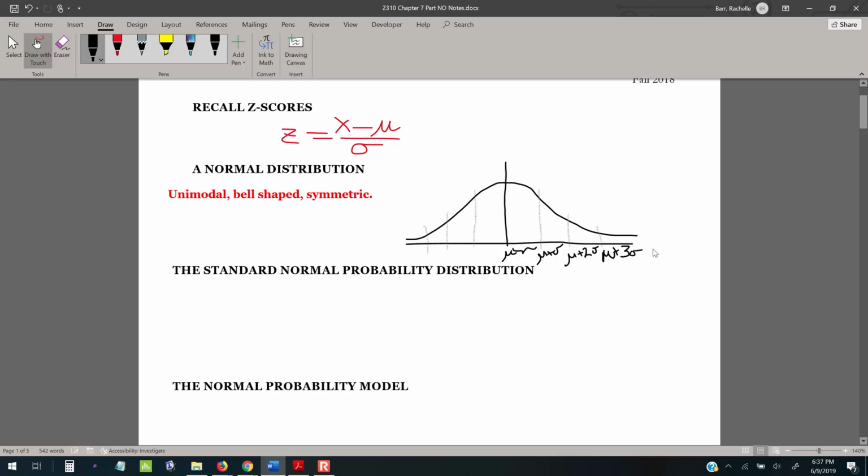A couple chapters ago, I told you that being 1 standard deviation away from the mean isn't very unusual, and it isn't, because if you look at 1 standard deviation away in either direction, so not only mu plus sigma, but mu minus sigma, from here to here, that's a big lump of change.